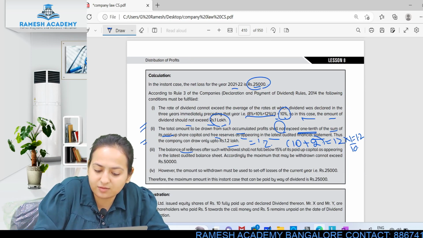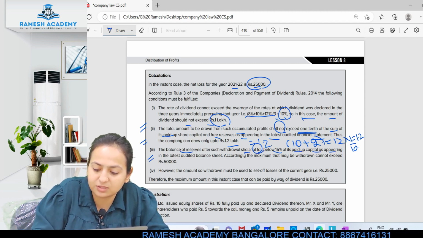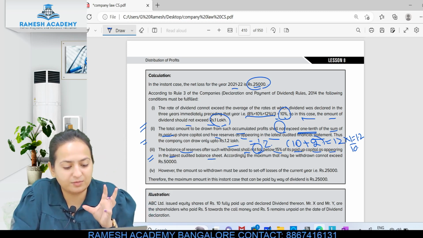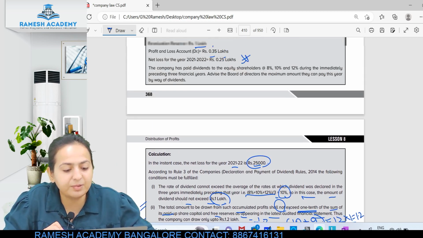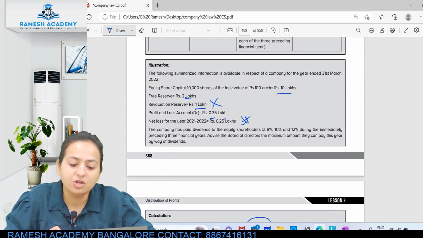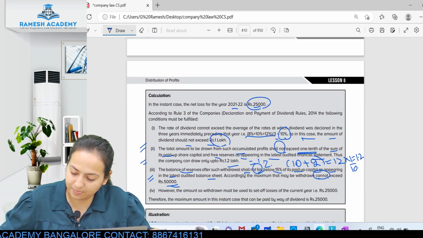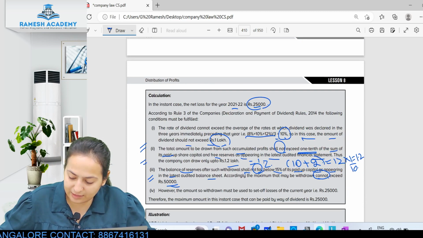Balance of the reserve, third condition, after withdrawal should not fall below 15% of the paid up share capital. So the maximum amount that can be withdrawn cannot exceed 50,000. So 15% of the paid up share capital comes out to 10 lakhs, so approximately 10 lakh divided into 15 divided by 100.